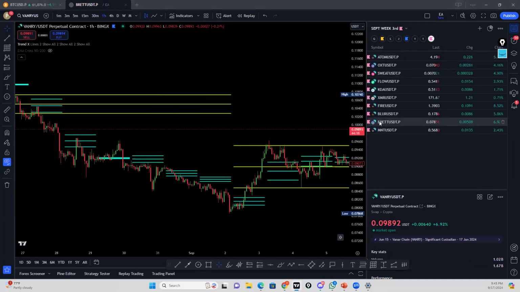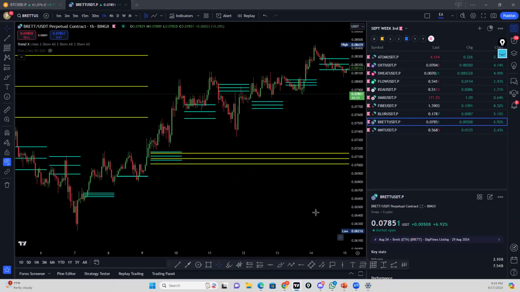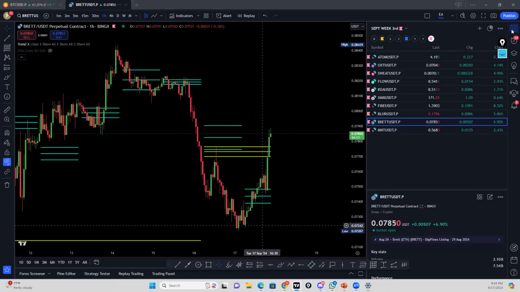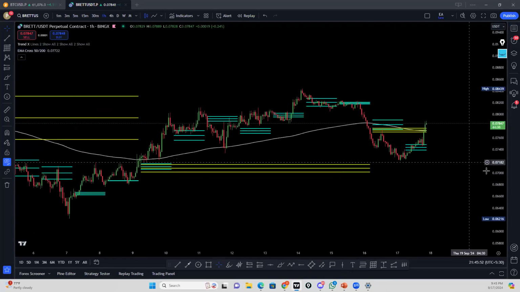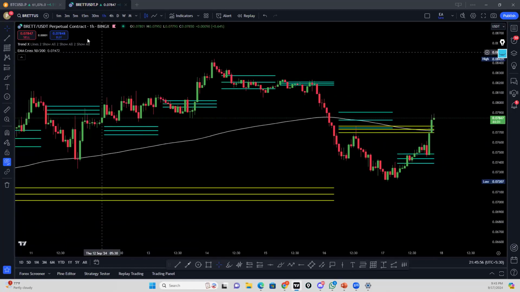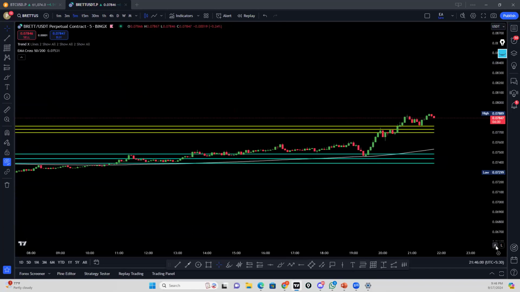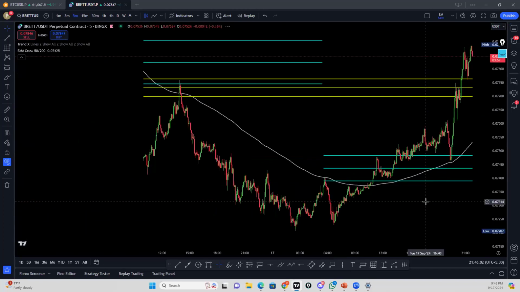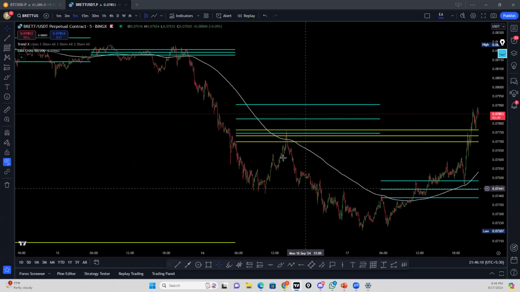Go to the start of Monday and can you add the 200 EMA? Okay, if you go to the 5 minute chart, you see the previous day, Monday, the candle closed below the 200 EMA, below weekly, below daily, everything, right?